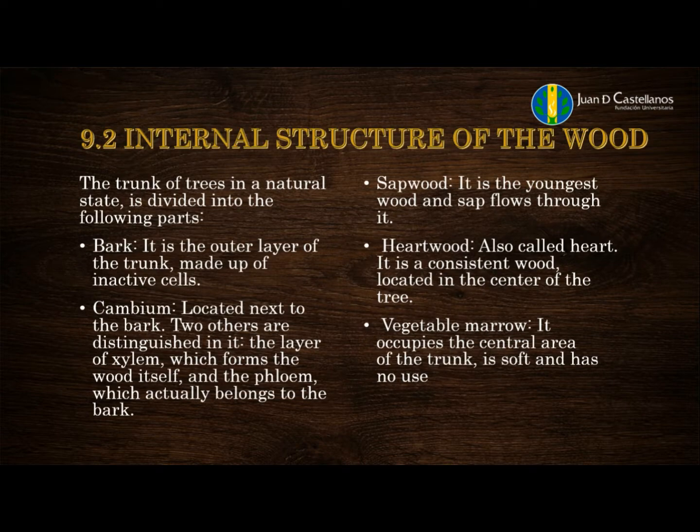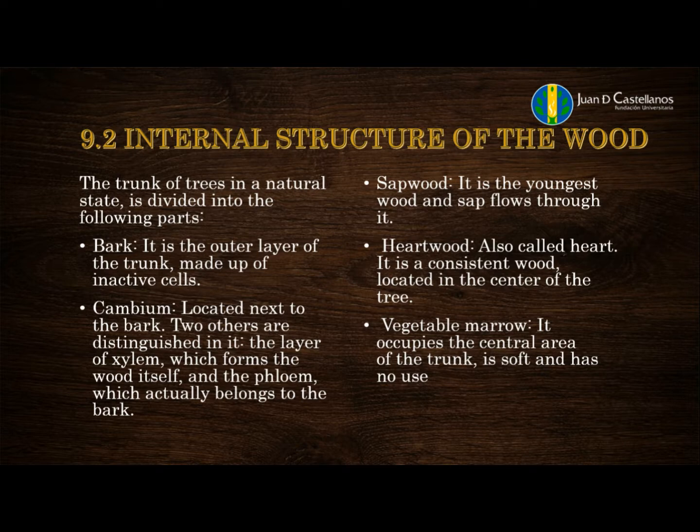So, the second subject of this norm is the 9.2. This is about internal structure of the wood. So, the trunk of trees in a natural state is divided into the following parts. 1.